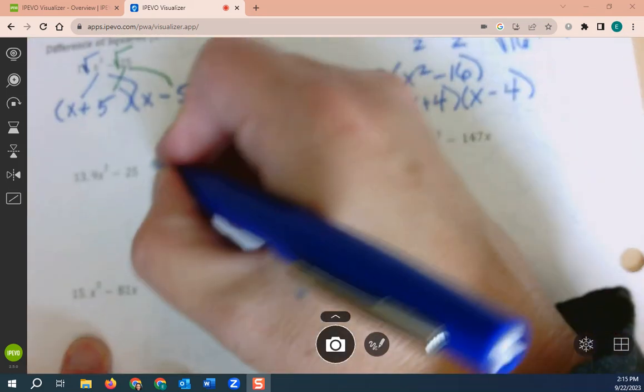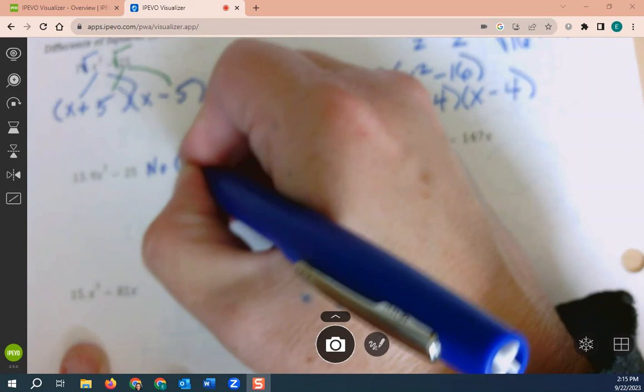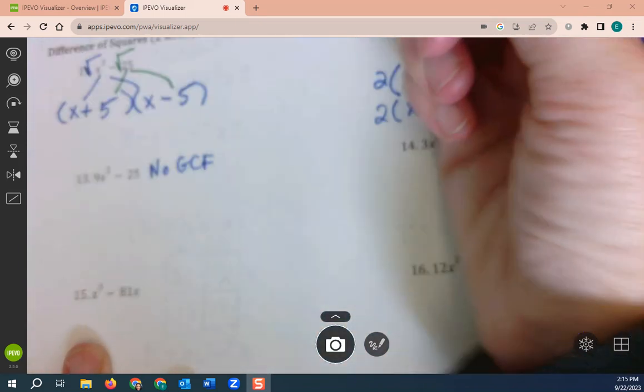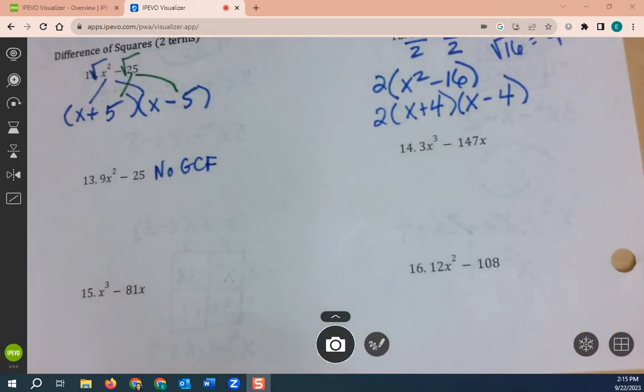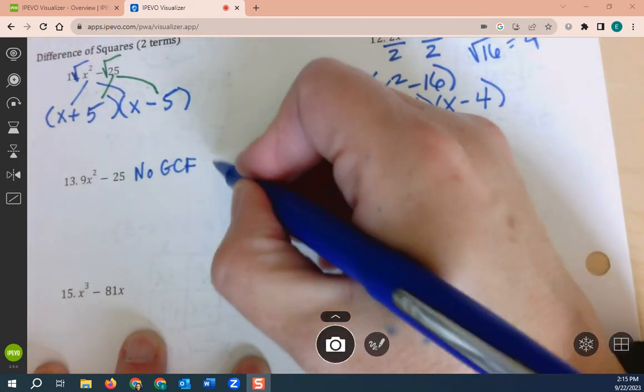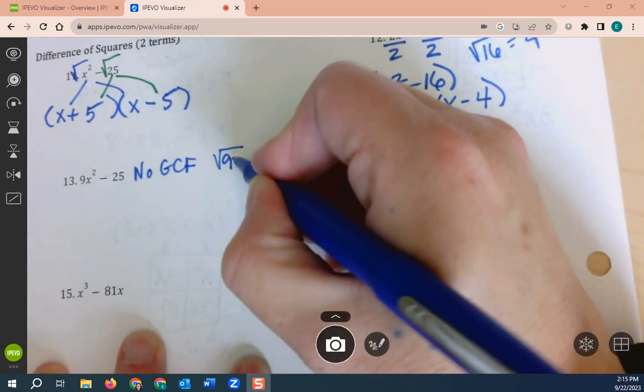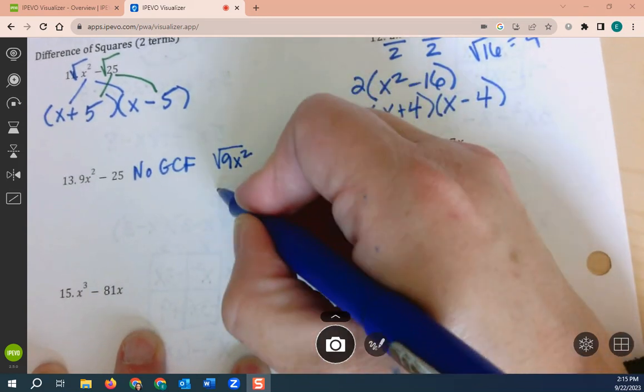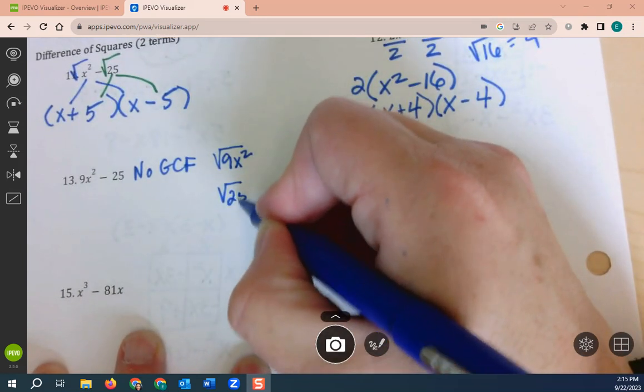So we said there's no GCF for this. So we have to figure out how to factor this difference of squares. We have to think to ourselves, what is the square root of 9x squared? And what is the square root of 25?